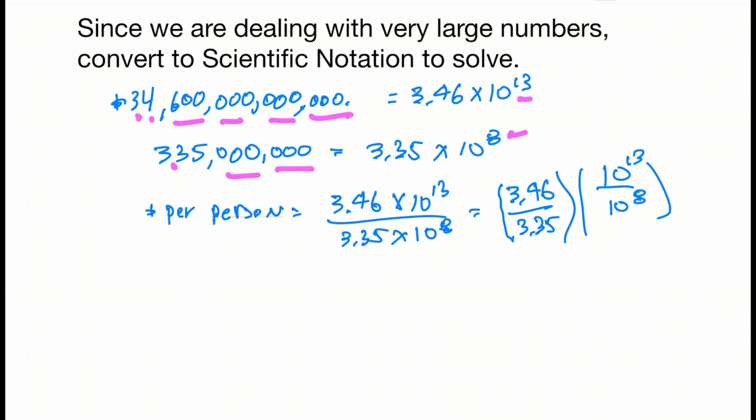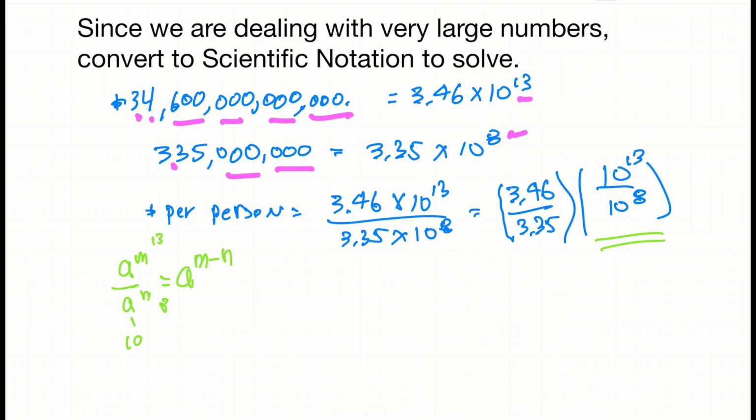Now, we're going to use one of the properties of algebra just to subtract these two exponents. We know that a to the m divided by a to the n is just a raised to the m minus n. In this case, 10 is our a, m is going to be 13, and n is 8.